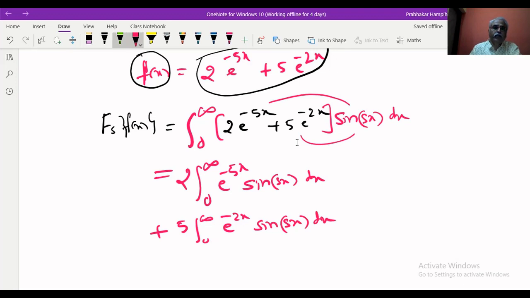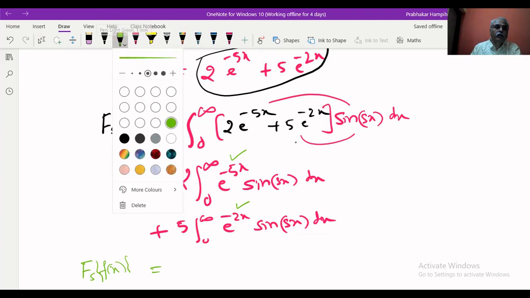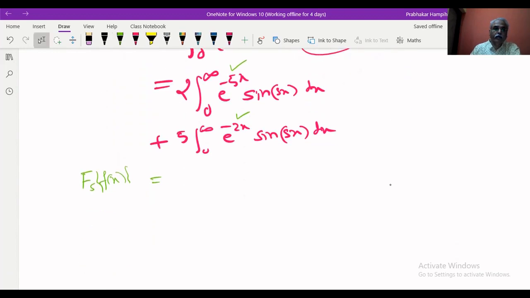So now you might have noticed that only this part, 5 and 2, are different. So that part we shall make use of. The Fourier sine transform now looks like this: 2 times, as it is, the integration of this using the e raised to alpha x sine of beta x formula.